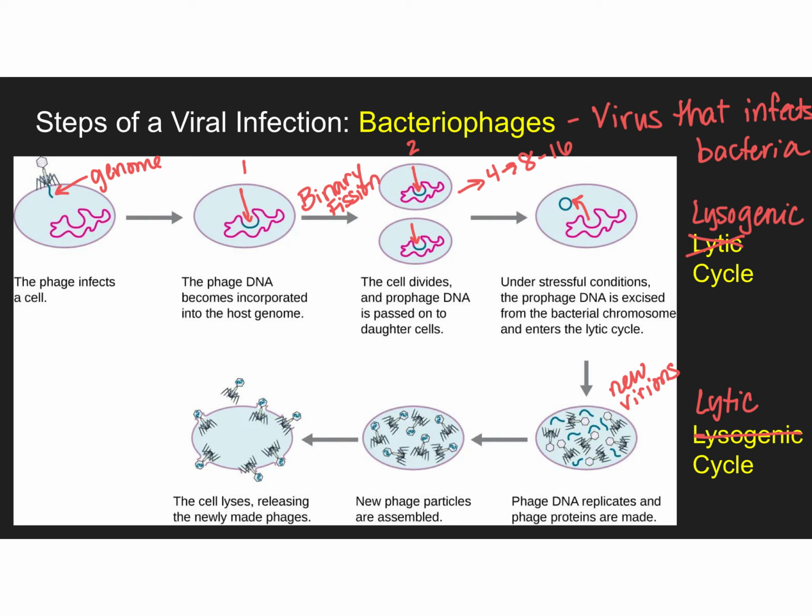Remember, it's using the cell's raw materials and energy and organelles to do this. And then the cell is going to lyse, which, remember, lyse means to burst open or explode. And in doing so, all these new bacteriophages are going to get released into the environment to go find other bacteria to infect.